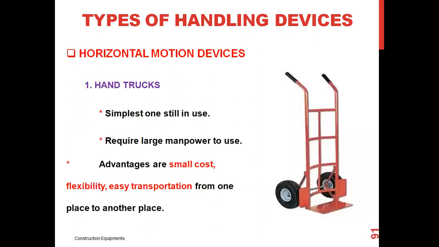And these are the horizontal motion devices, the hand trucks. The simplest one still in use, they require large manpower. The major advantages are the low cost of this equipment, which is cheaply available, and the flexibility and easy transportation from one place to another.